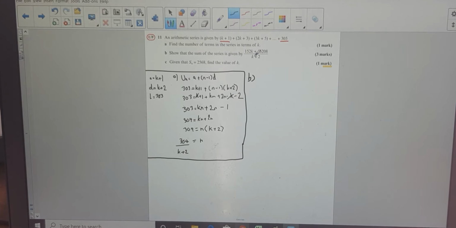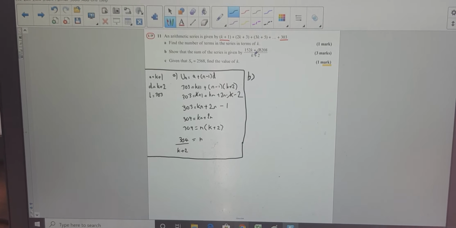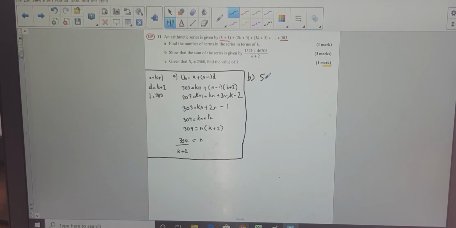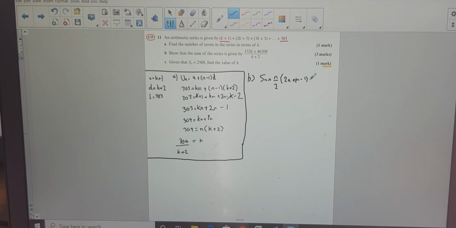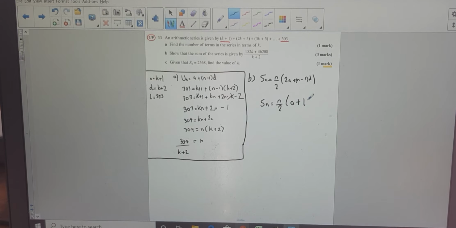Show that the sum of the series. Okay, so we've got two formulas for the sum of our series. We either have Sn equals n over 2 times 2 lots of my first term, add n minus 1 multiplied by the difference d, or a much simpler one, n over 2 multiplied by my first term add my last term.